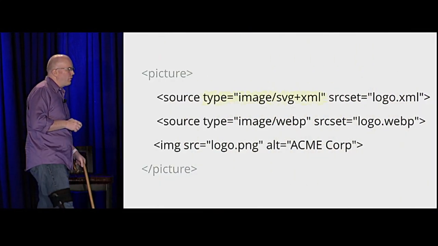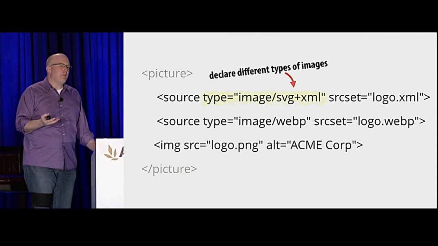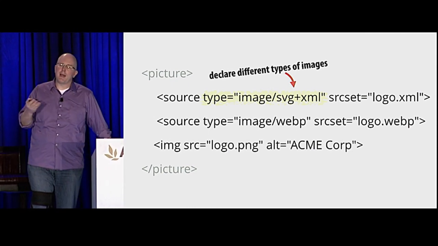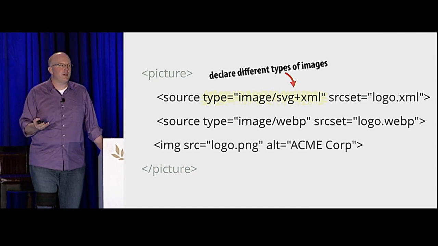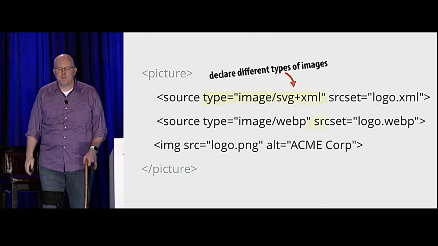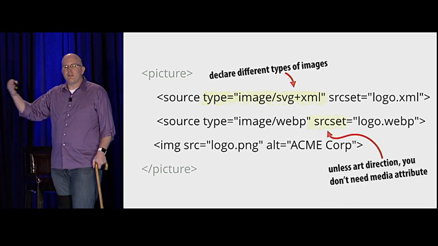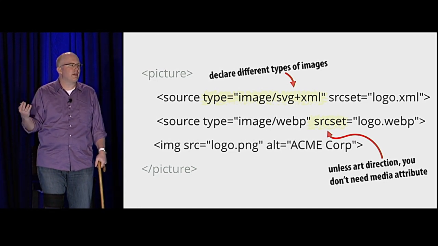For example, we can have a source with a type attribute on it which declares the MIME type of that particular source. And we can say, this is the SVG version of this. If the browser understands SVG, it will use that. If not, it'll move down to the second source. And if it understands WebP, it'll select that.